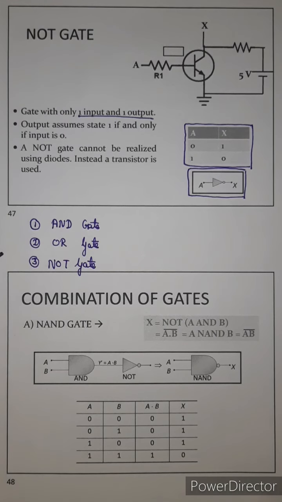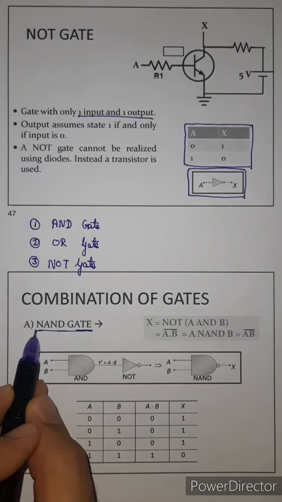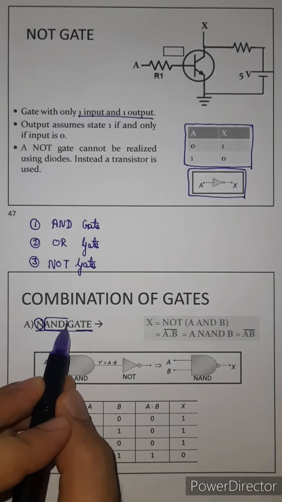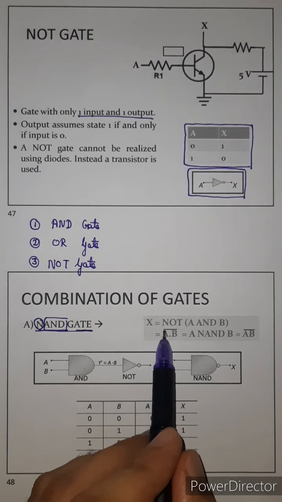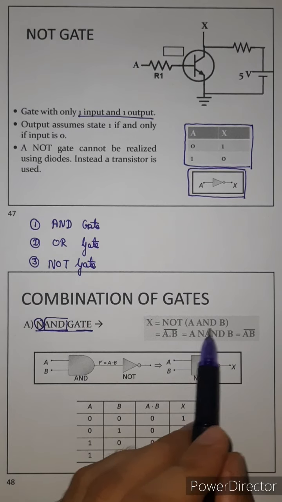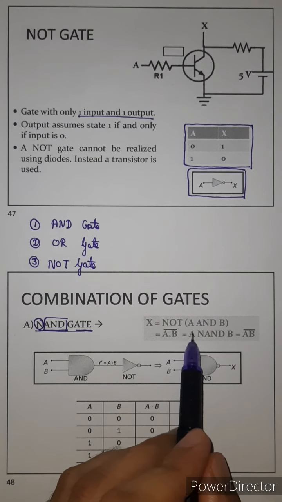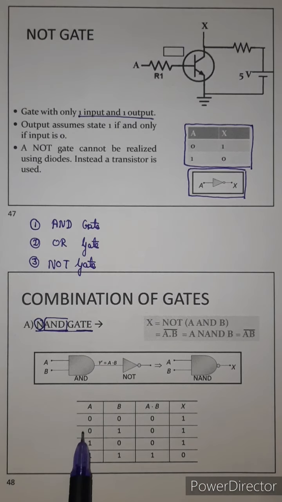We will now discuss the combination of these gates. In the sequence, the first combination is the NAND gate, which is the combination of NOT and AND gate. So the value of X will be equal to NOT (A and B), or the negation of A and B, or A NAND B. You can also go to the truth table which I have found for NAND gate.